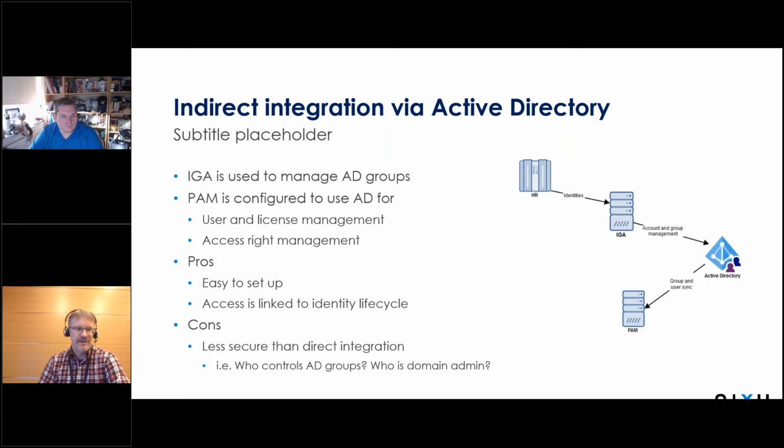Again, assuming that IGA has been set up correctly. So if you are managing those joiner, mover, leaver processes right, then the end user will get that access removed automatically by IGA when they leave the company, or maybe through a review or certification process.